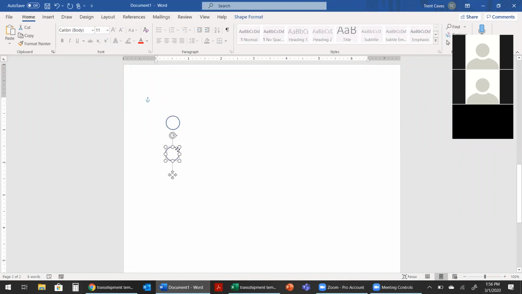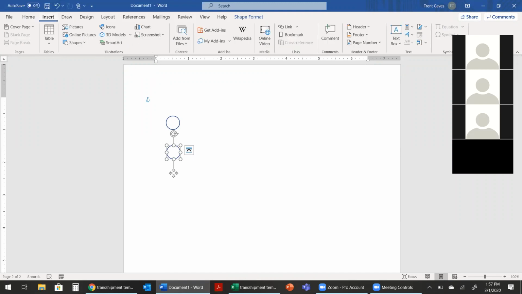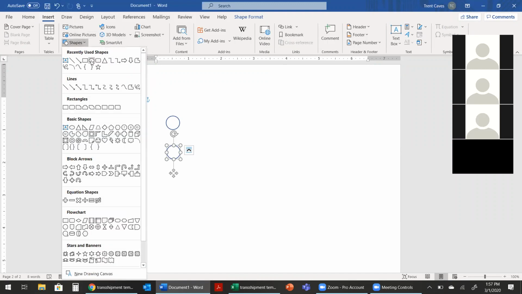And I just did that by inserting a shape. So insert shapes, and I just use circles for my plants. We're going to end up with 2 shapes for our plants, 2 shapes for our warehouses, and then 3 shapes for our retail outlets.